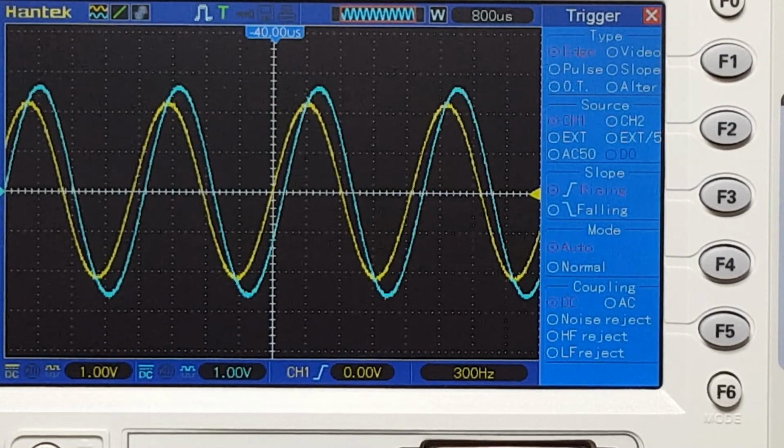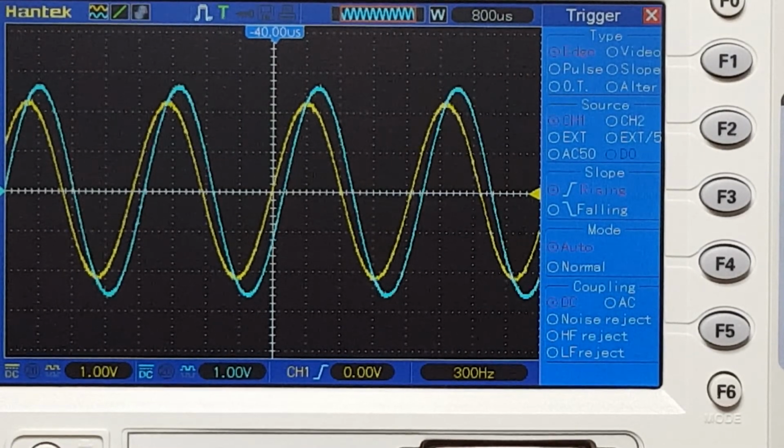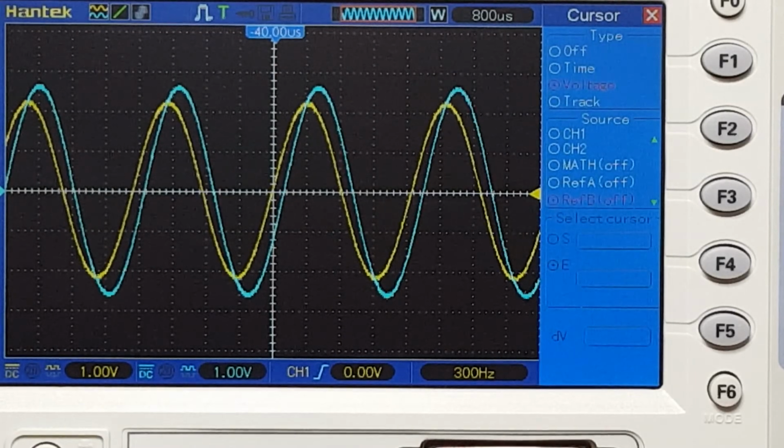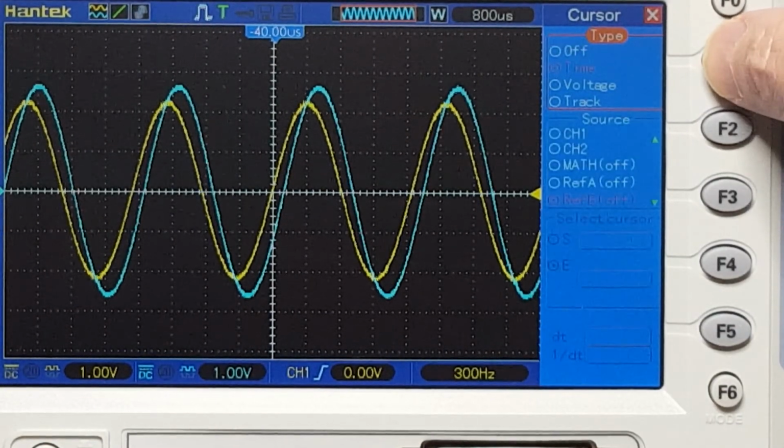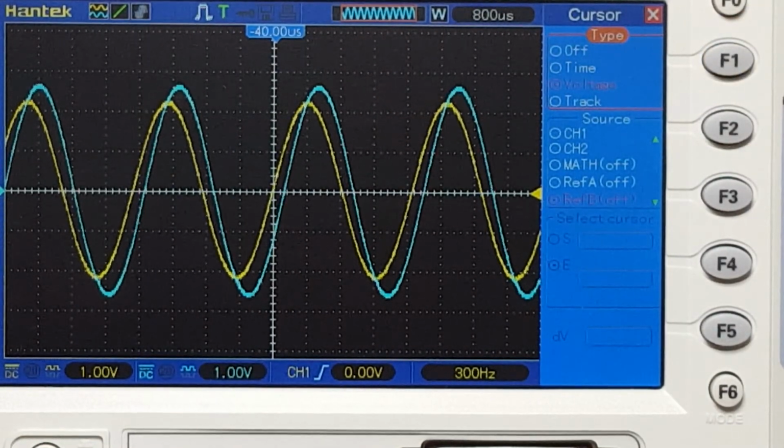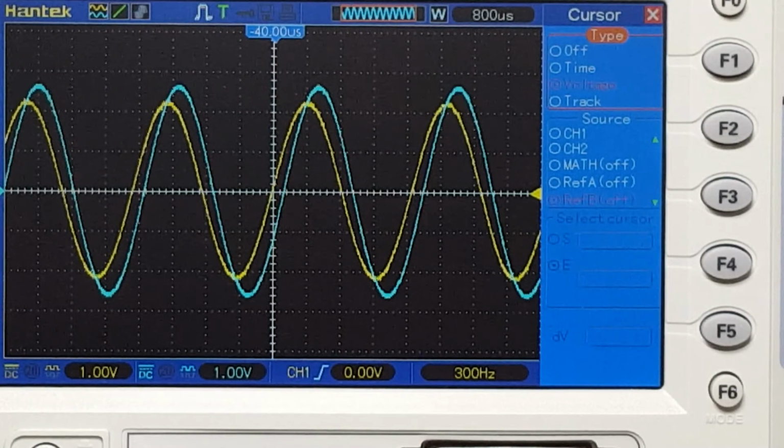Now, before we go too low with the frequency, let's use the cursors of the oscilloscope to have a more precise measurement of the difference between the input and the output signal magnitudes. In particular, we want to identify the frequency where we have an attenuation of the output signal of 3 dB, which is equivalent to a delta V of 0.707 volts.